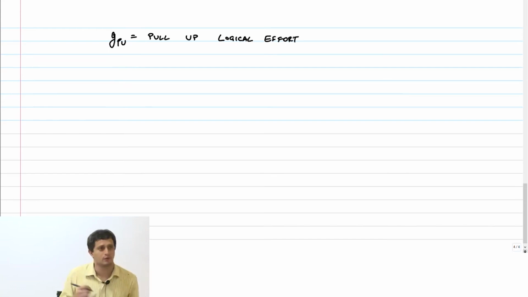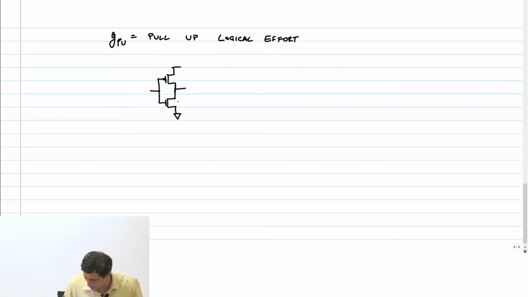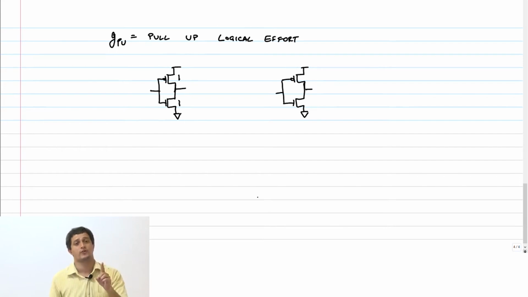So here is my low skew inverter. This is 1, and I said this also is 1. I am now going to compare this with a symmetric static CMOS inverter with the same pull-up drive strength, because I am now looking at the pull-up logical effort, which implies that this one should be the same here.